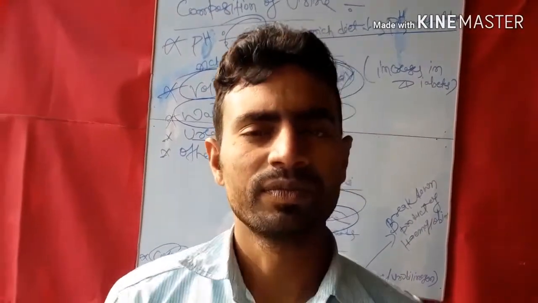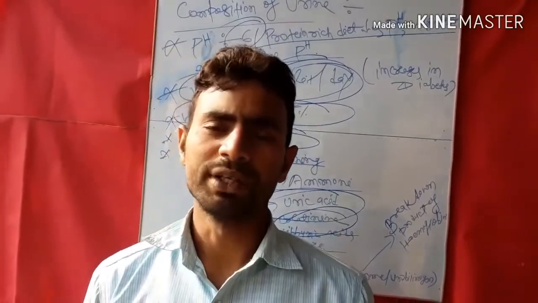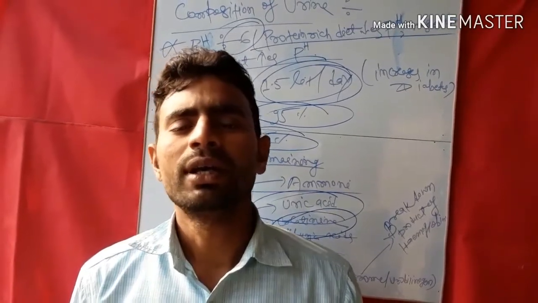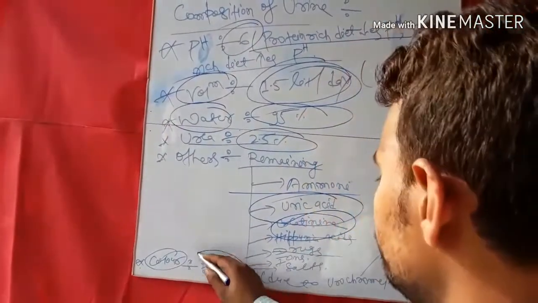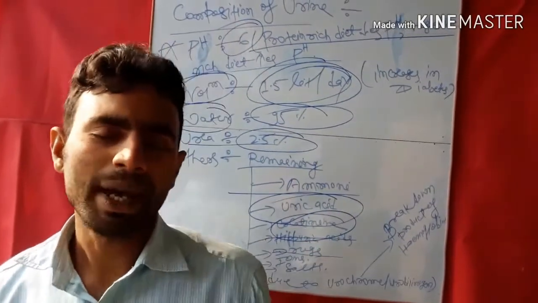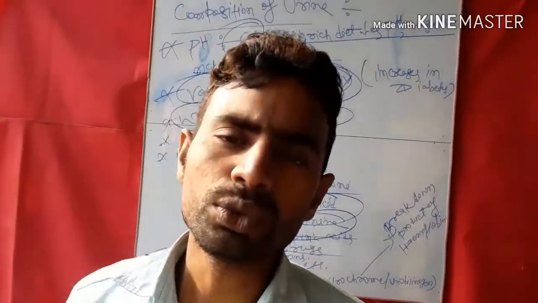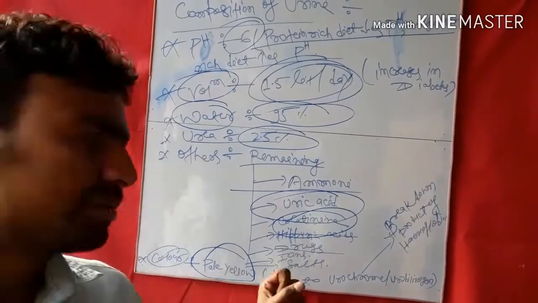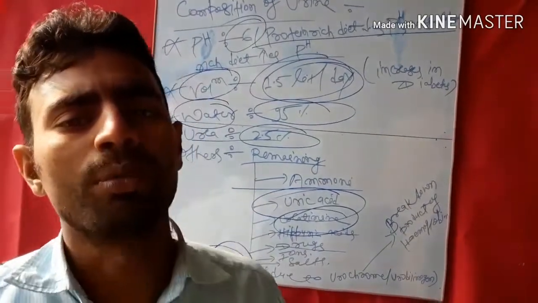Last point is the color of urine, which is pale yellow. The pale yellow color of urine is due to urochrome.